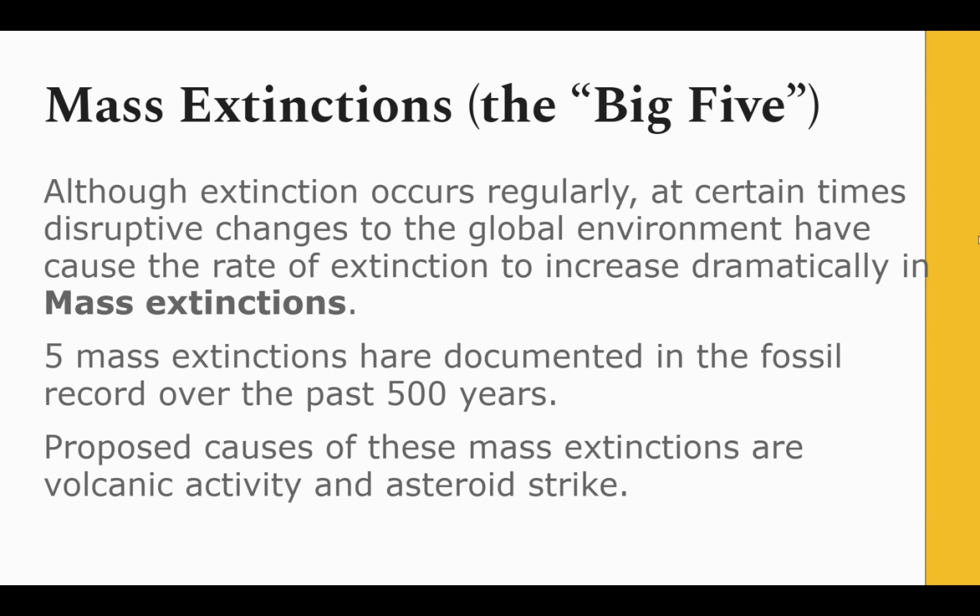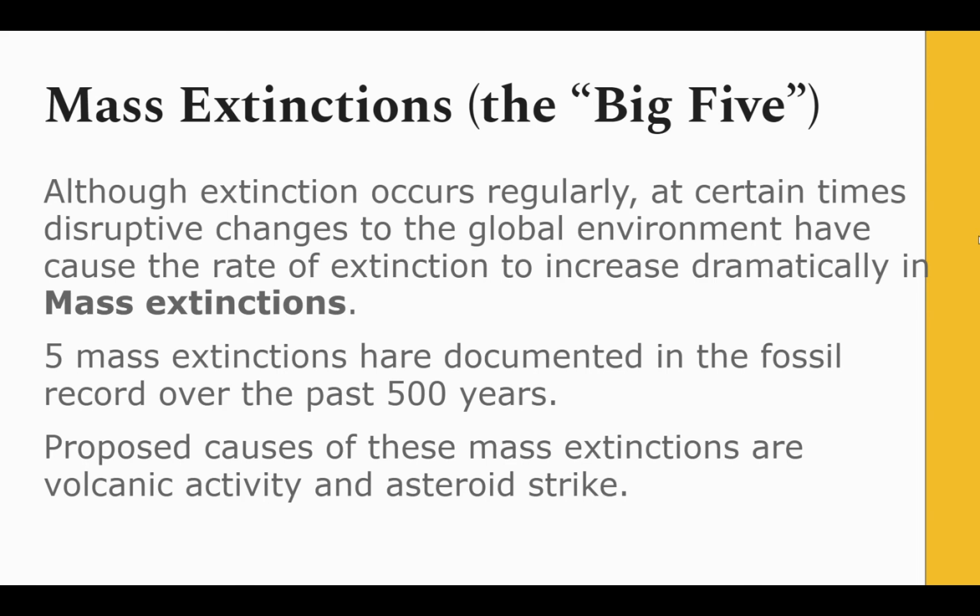And they are likely, we do not know for sure, but very likely caused by volcanic activity or asteroid strikes. Big supervolcanoes erupt. We have geologic evidence that huge volcanoes erupt. When those volcanoes erupt, they throw a lot of ash into the atmosphere. As that ash gets out, the Earth gets cold, species die out.